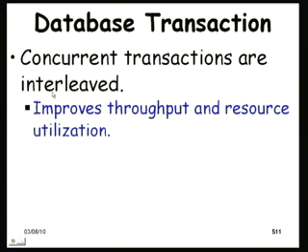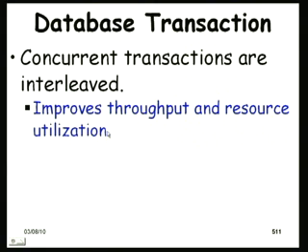This means the read request of one transaction may be followed by a write request of another transaction, then a write by some other transaction, a read by another, and so on. This is required because it improves the throughput and resource utilization.